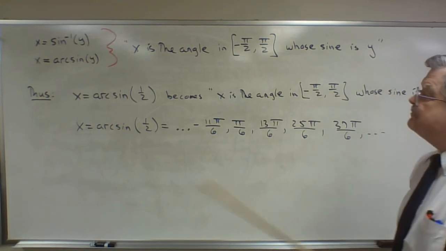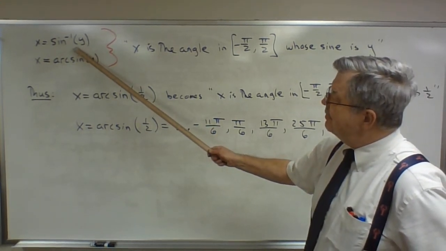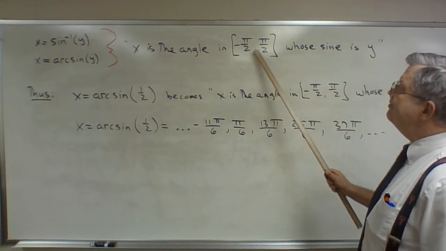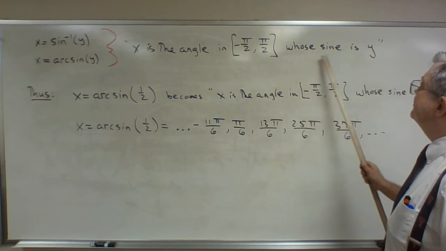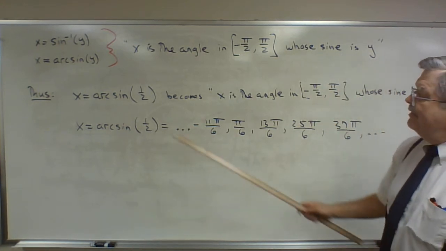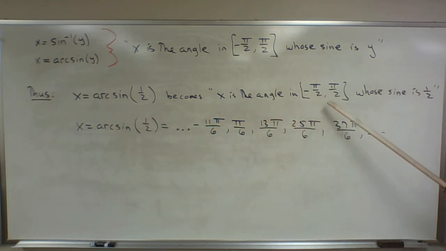From now on, whenever we see this, we're going to interpret it this way. X is the angle in the interval negative pi over 2 to pi over 2, whose sine is y. So this becomes x is the angle in the interval negative pi over 2 to pi over 2, whose sine is 1/2.